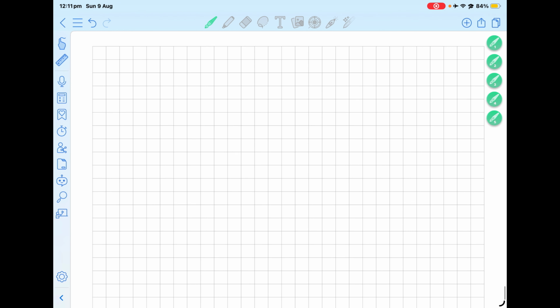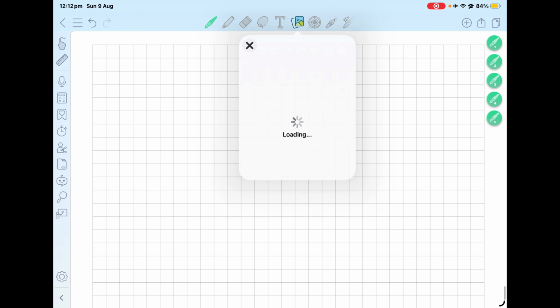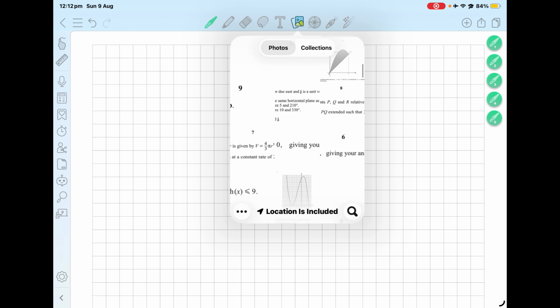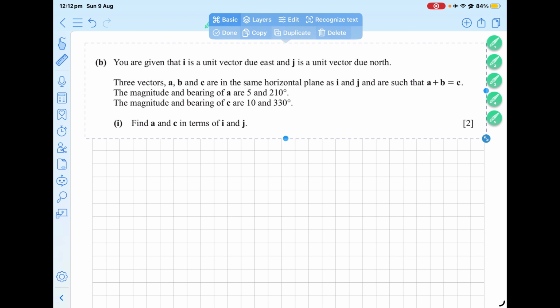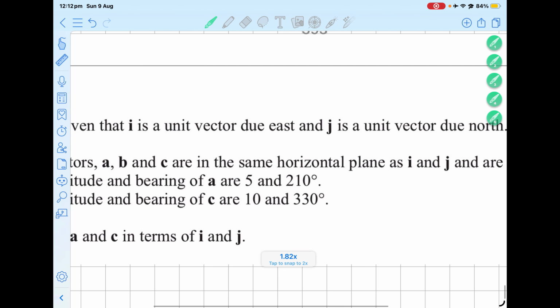Okay, then we have this question. So you are given that I, so I have a mnemonic: never eat slathered wheat. So it's going clockwise: never eat slathered wheat.